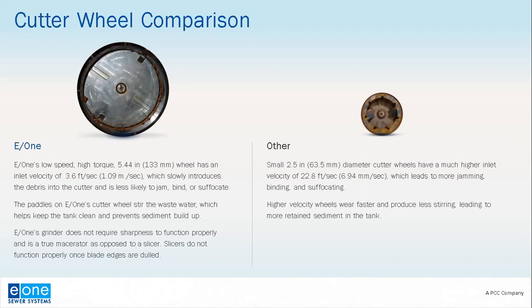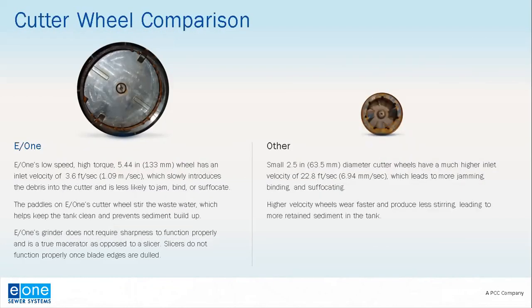If you compare that with a centrifugal pump, which can have inlet velocities of 22.8 or 23 feet per second, that is a tremendous amount of velocity. So with the centrifugal design, you have a cutter that requires sharpness, you have that high RPM, and you've got that intense velocity going into the bottom of that unit. It can be a recipe for frequent jamming.